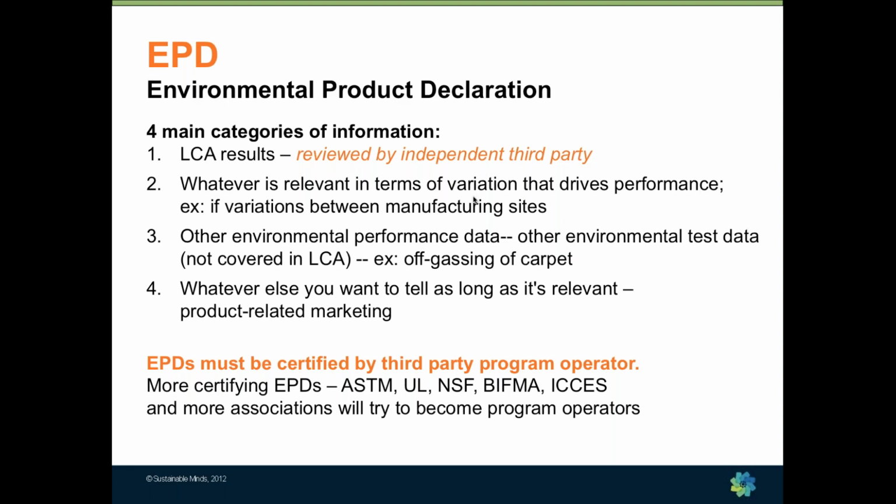could be material information. It could be other stuff. That's pretty general. And then the last part is whatever else the manufacturer wants to tell about the product, as long as it's relevant. And relevant is described essentially as anything that's related to the product and any environmental stories that you'd want to tell.